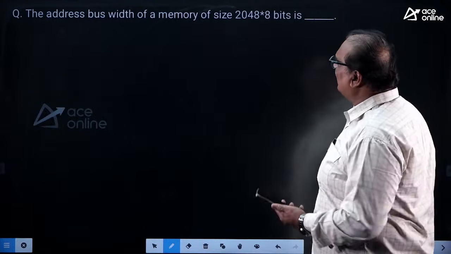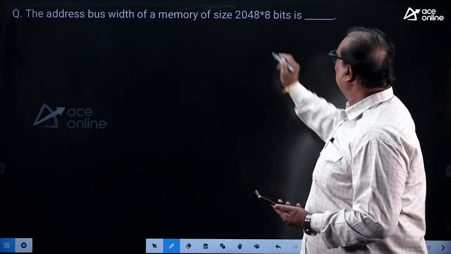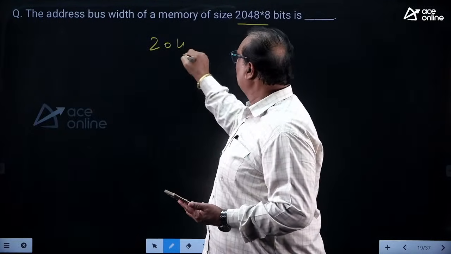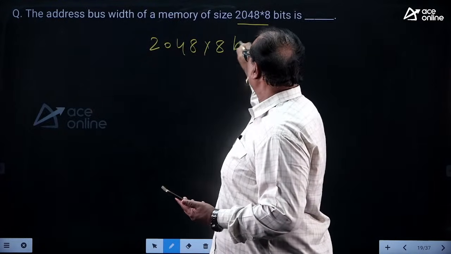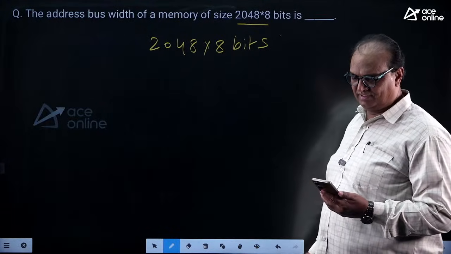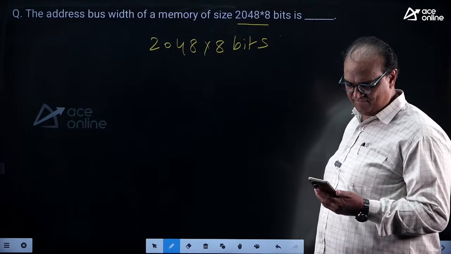Watch this. Address bus width of a memory of size 2048 into 8 bits. Given memory size is 2048 into 8 bits. He asked the address bus size. Tell me your answer immediately.